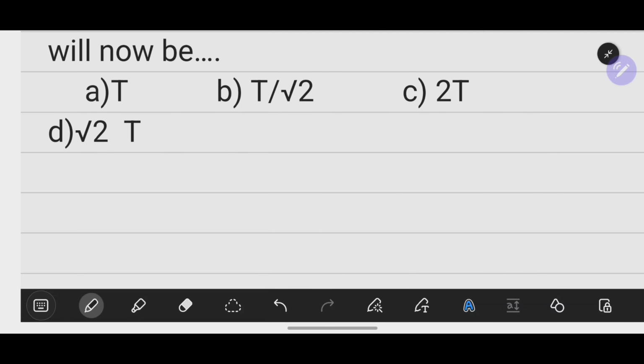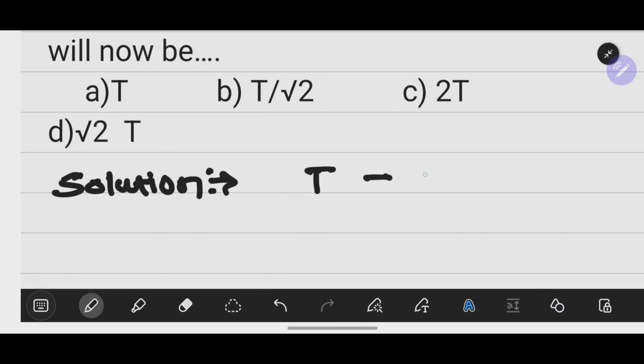Before that, what are the factors given here? Regarding the solution, for t the corresponding mass is m, and for t dash, the next time period, the mass is 2m.